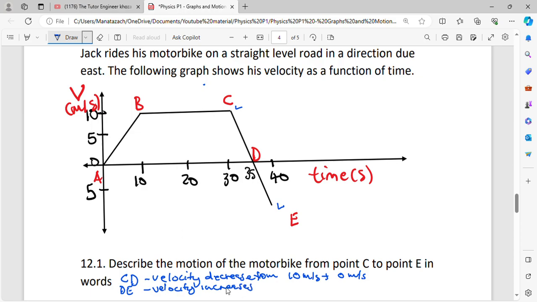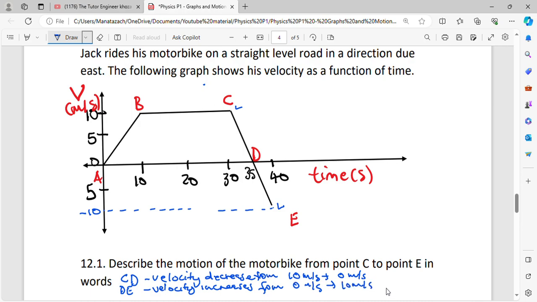So this portion says velocity is increasing from 0 meters per second to this point here, which is another 10 meters per second, so to 10 meters per second.